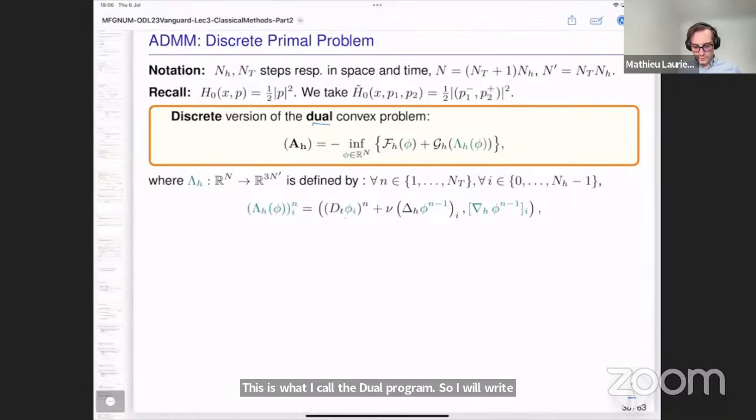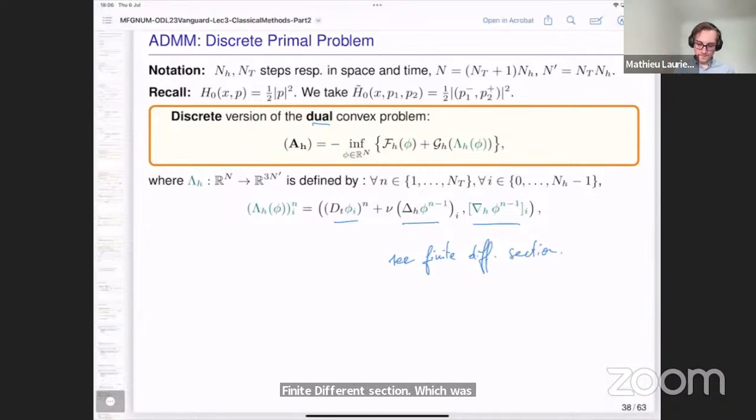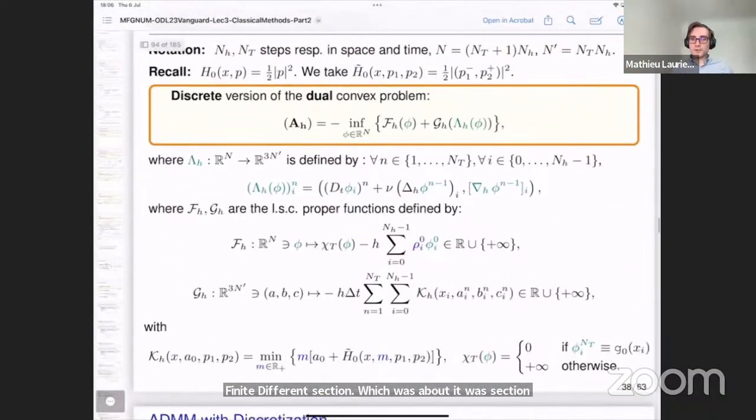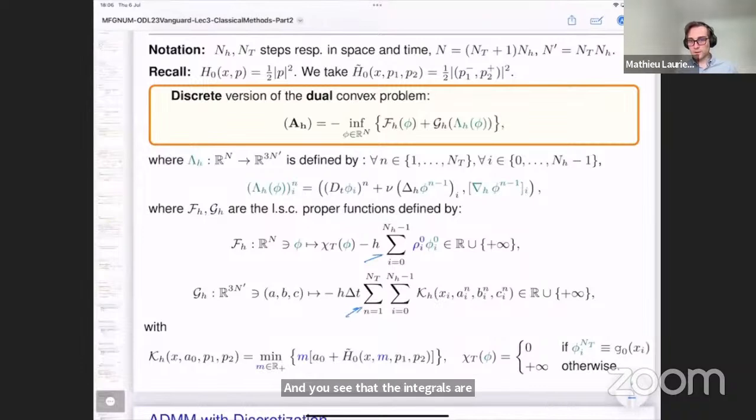And the main point is to use the discrete operators that I introduced before in the finite difference slide, which was above. It was section number 2. Once you have that, you define discrete operators for calligraphic F and calligraphic G. And you see that the integrals are replaced by discrete sums over time and over space.